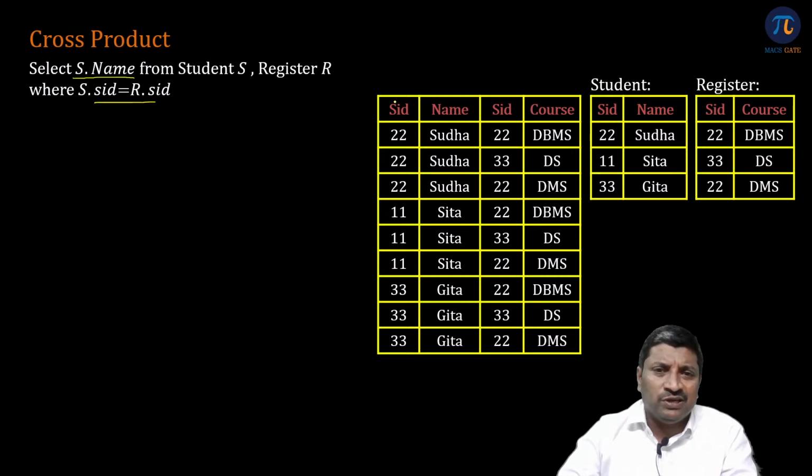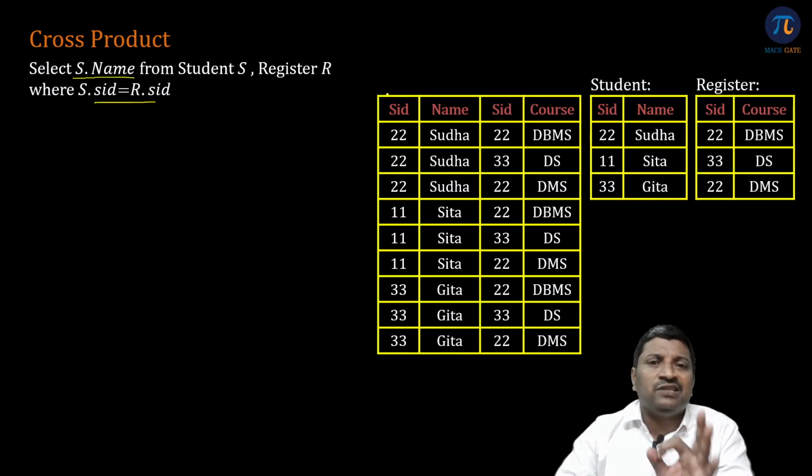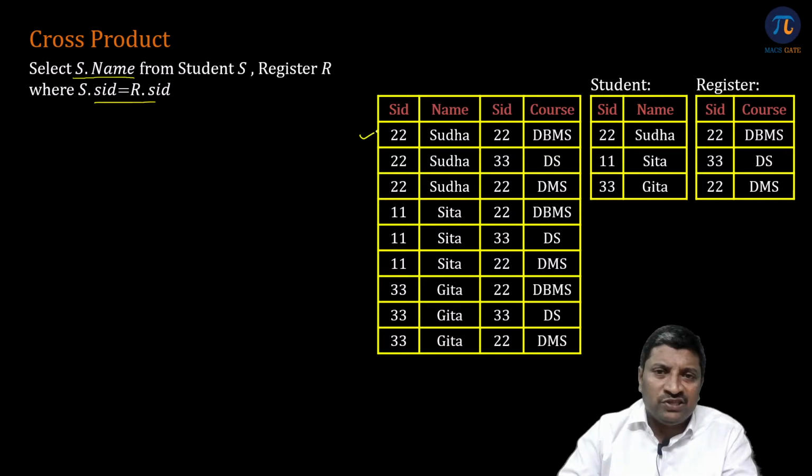So this is the table, sir. First, it will filter the records. Equality: this is fine, this is not fine. So totally how many records are you having, sir? Let me write it clearly.